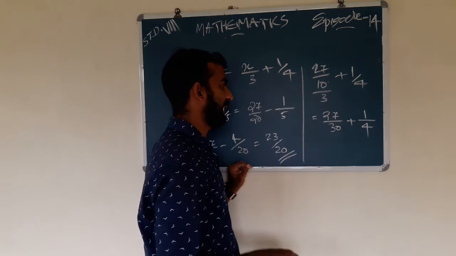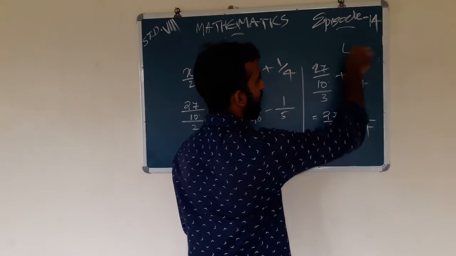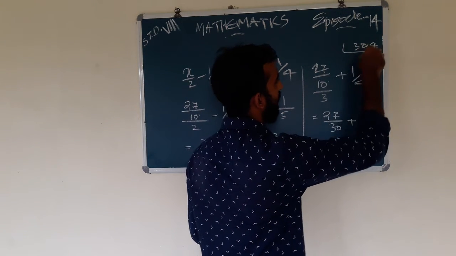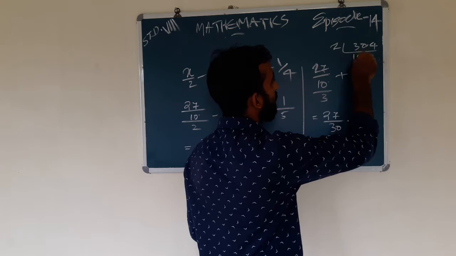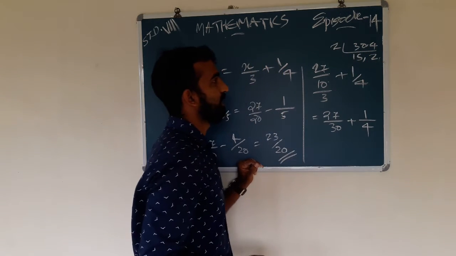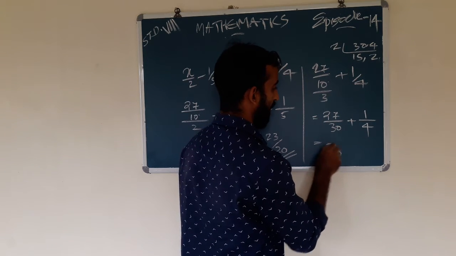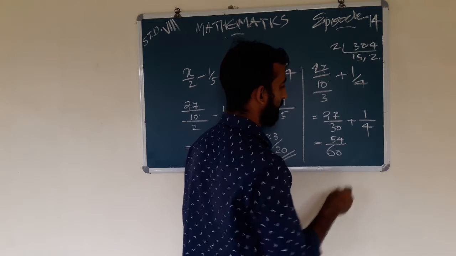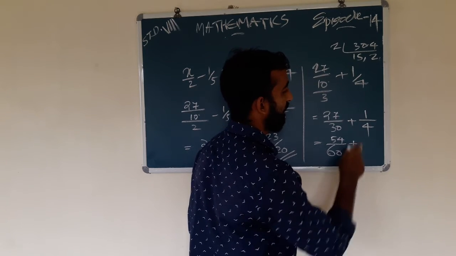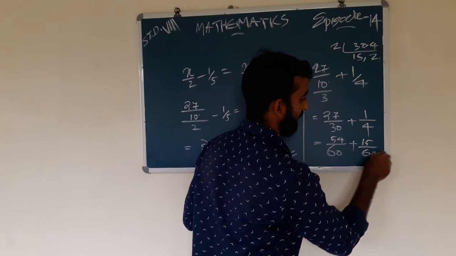We can take the LCM, that is 60, so 54 by 60 plus 15 by 60.